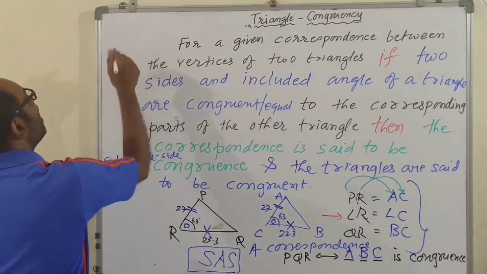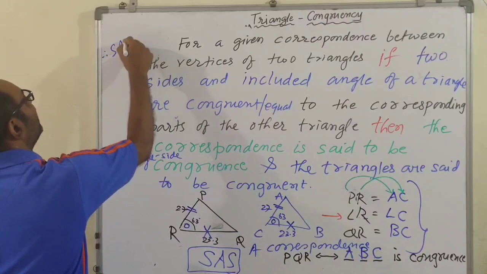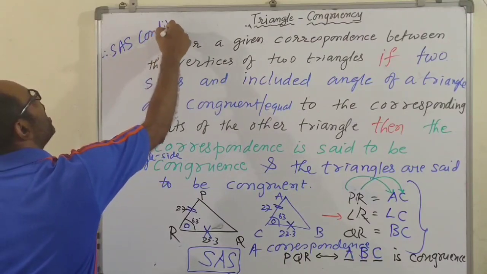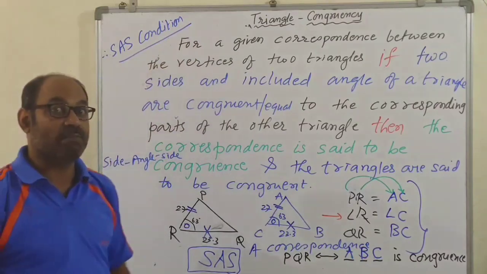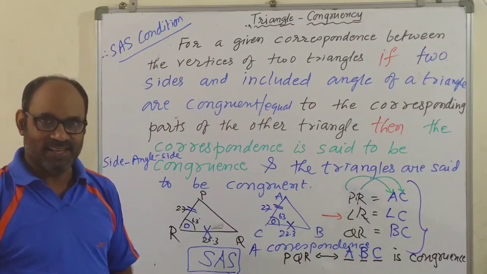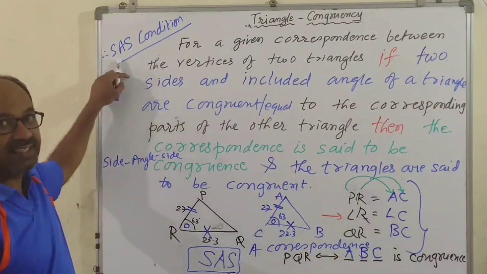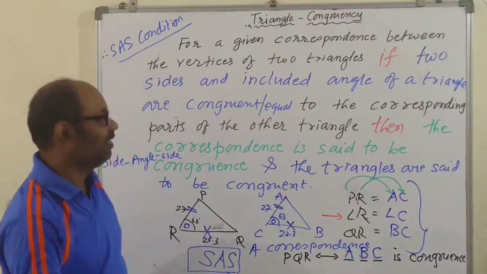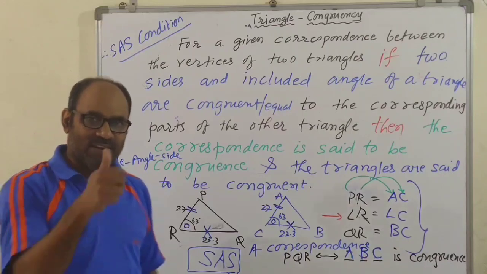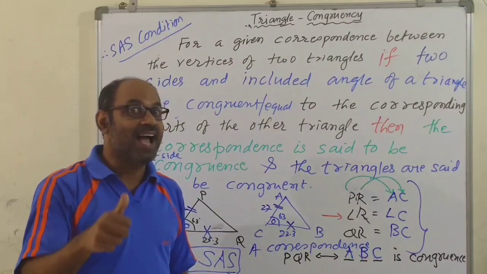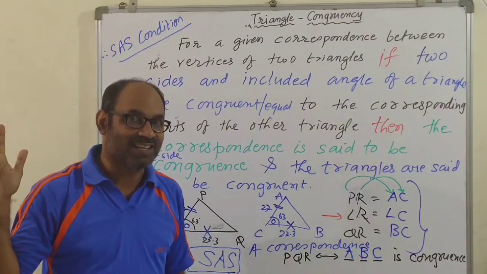This is the SAS condition, or SAS theorem, or SAS principle. That is what they say. Alright? SAS condition. So this is a shortcut to show that the two triangles are congruent. Which is the first shortcut? Side angle side condition.